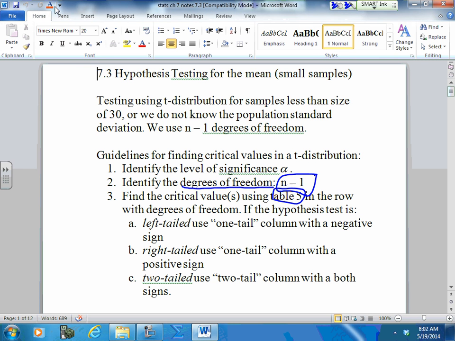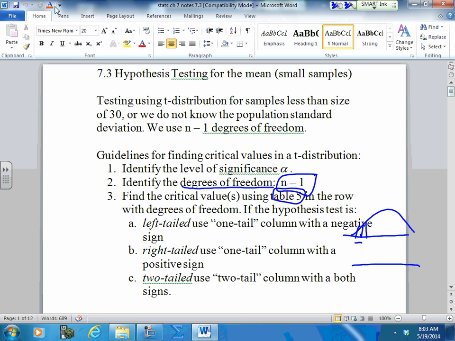On the top you see confidence interval, the confidence level. We're not doing that one. That was your level of confidence. Then it's either going to say a 1-tail or a 2-tail. If it's a left tail, obviously it's for the left side of your graph. You find your value and make it negative, since all your values in there are positive.